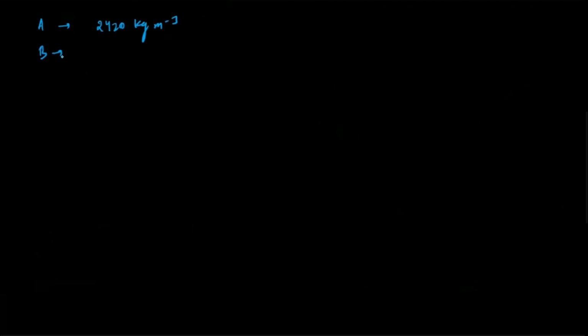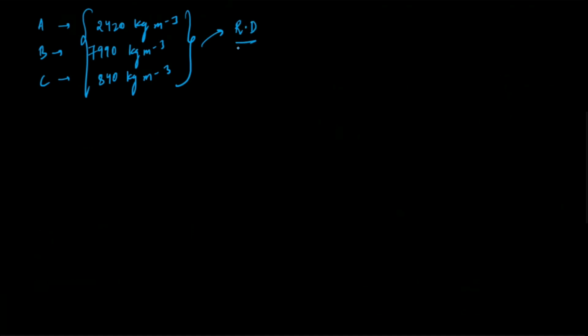Then there is another object whose density is 7990 kilogram per meter cube, and another object having density 840 kilogram per meter cube. Now, in order to represent these big numbers, we opted for something else. We remember the relative density instead of remembering their densities.